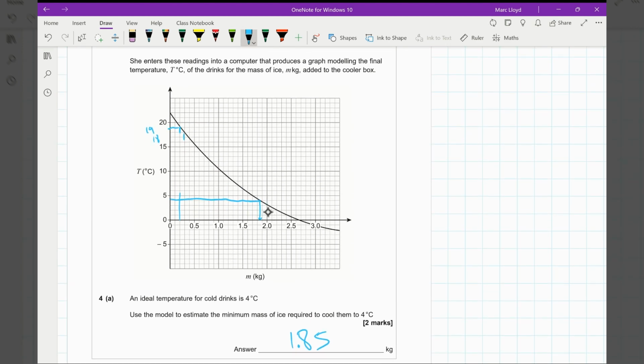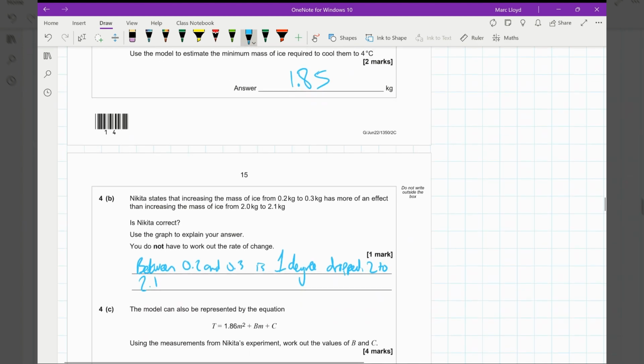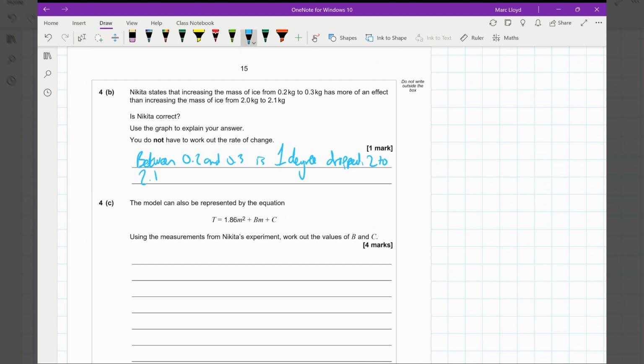That is 1, 2, 3. 2.1 is about 2.75. So 3 and 2.75. 3 take away 2.75 is 0.25, a drop of 0.25, and therefore we agree with Nikita.